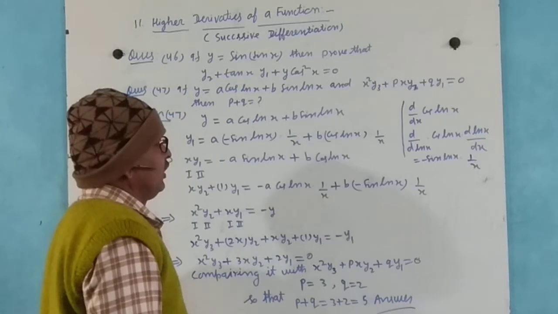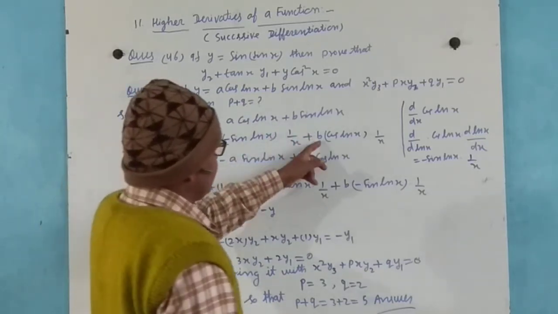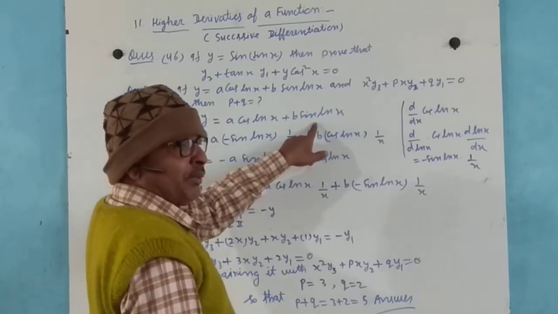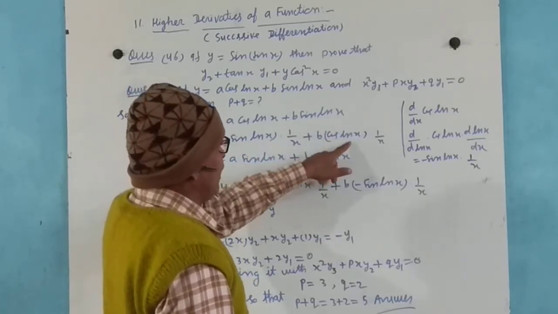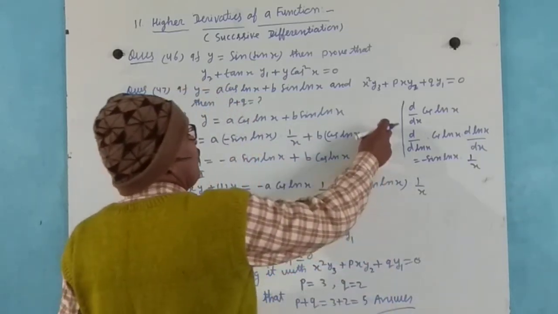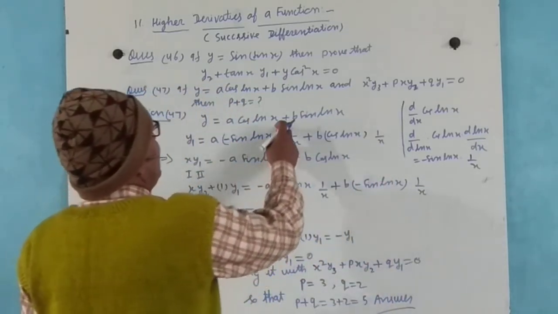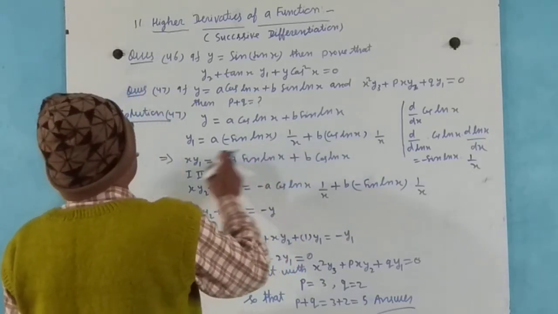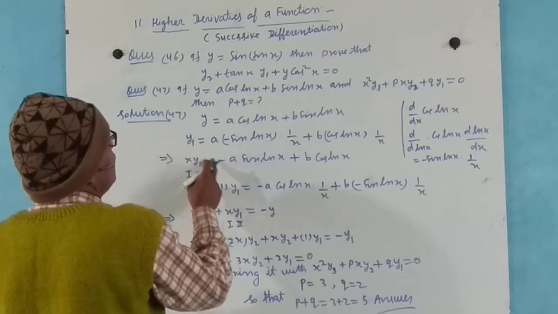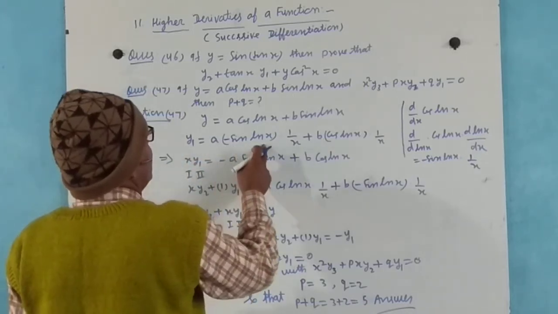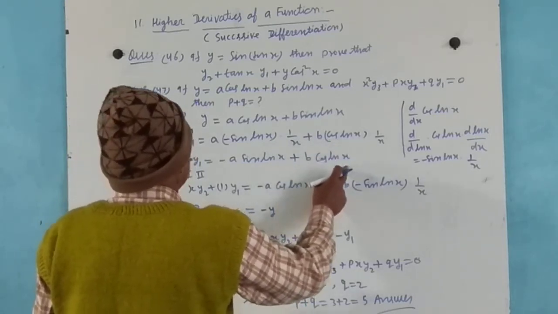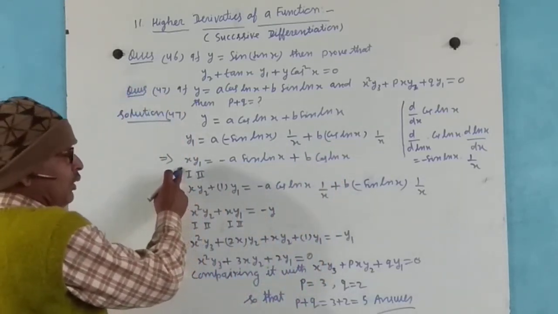Similarly, b is a constant, and the differentiation of sin of ln x is cos of ln x into 1 by x. This x comes to the left, so x y1 equal to minus a sin ln x plus b cos ln x.